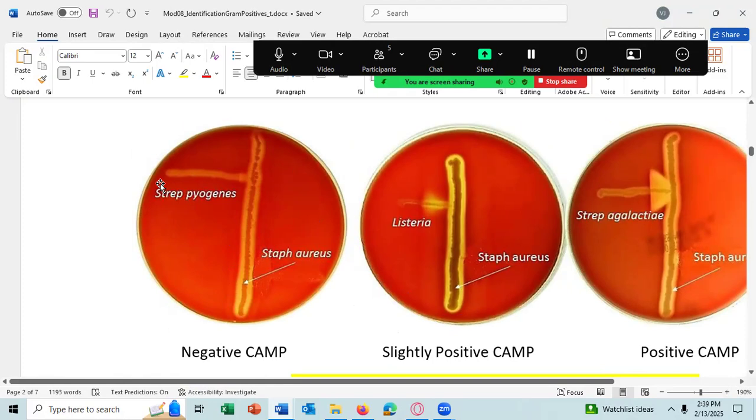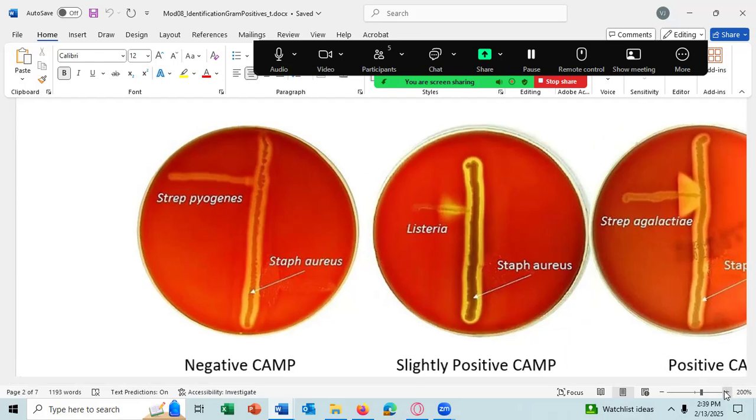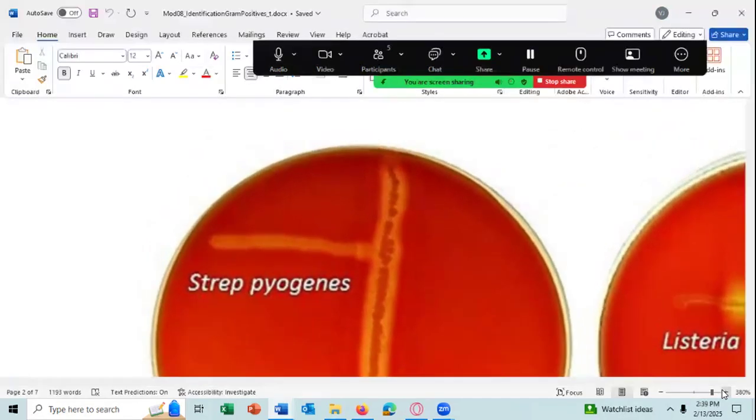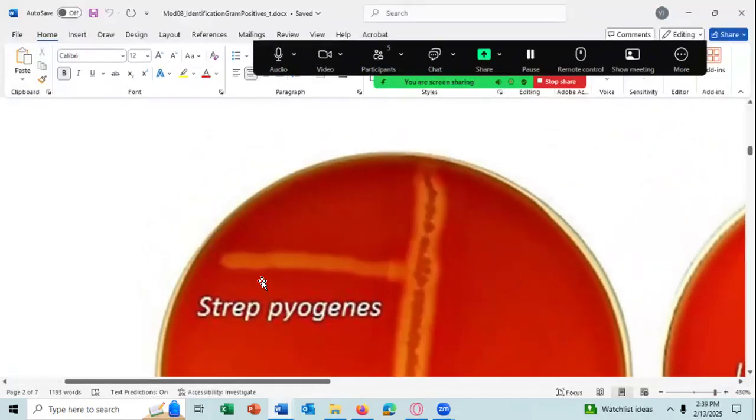Here we have Streptococcus pyogenes, which is beta hemolytic. You have to blow it way up to see that, though. And right there, you can see the streak of the Streptococcus pyogenes, and around it you have beta hemolysis, where there's a very narrow streak of clear zone around the Streptococcus pyogenes growth. The point is, around the Staphylococcus aureus, we have no enhancement of hemolysis.